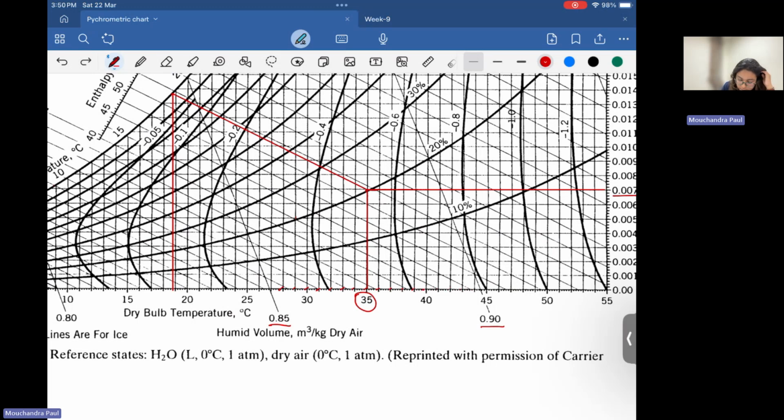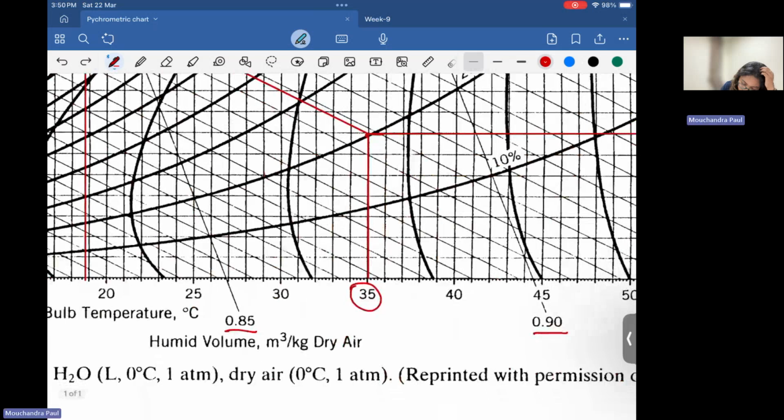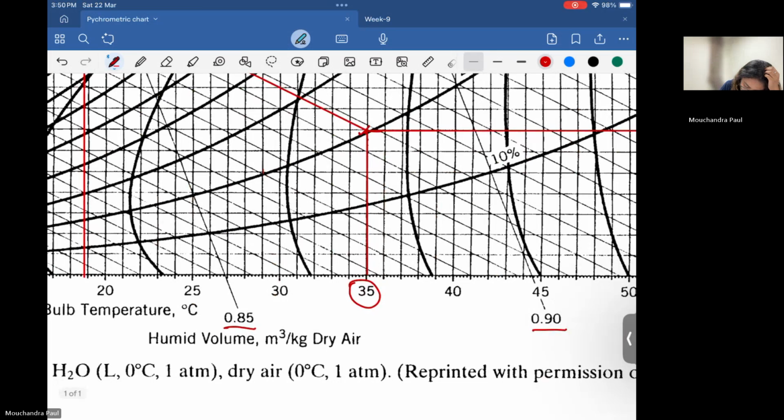So there are 17 markings in between, and each marking corresponds to 0.003. And then what is this value?